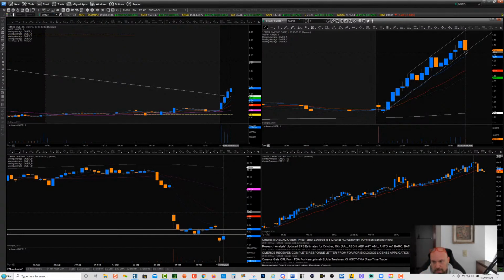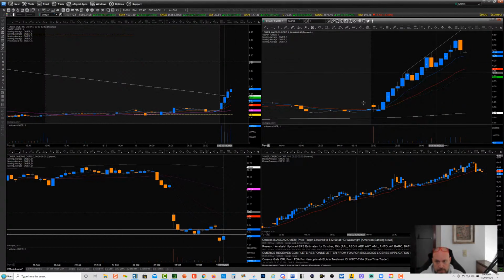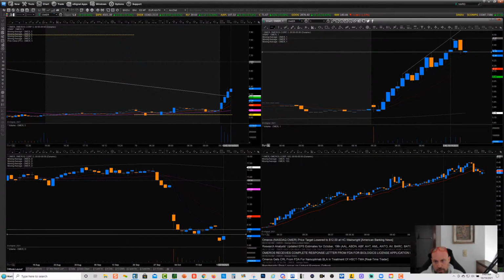That's why I like using that 9 EMA, because a lot of times I don't have to use the lower trend line. I can just use this as my short-term guide, right? I know it's just very overextended. It's pulling back, and I can connect these levels in here.